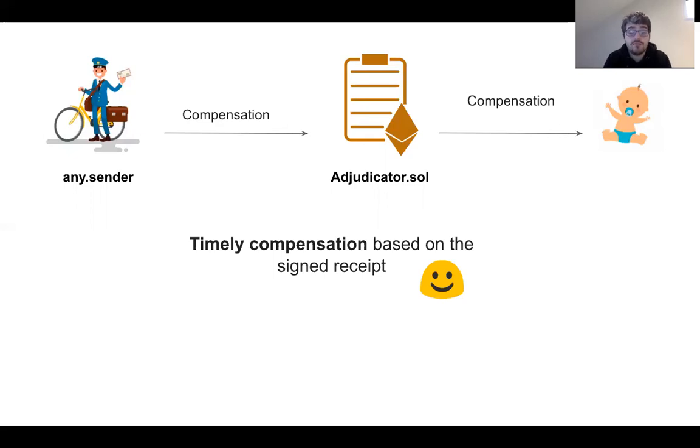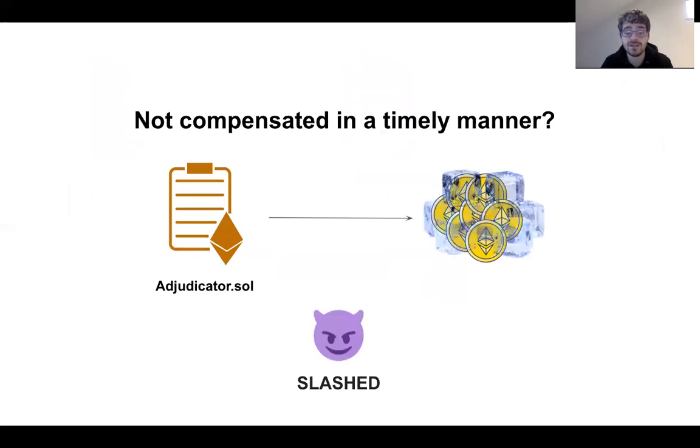So there's two outcomes. Any.sender has to compensate the user based on a pre-agreed amount before a deadline, in a timely manner. And if any.sender does not refund the customer, then eventually any.sender's security deposit will be frozen, slashed, and it will no longer be able to access it.